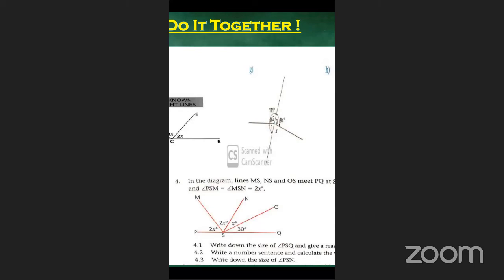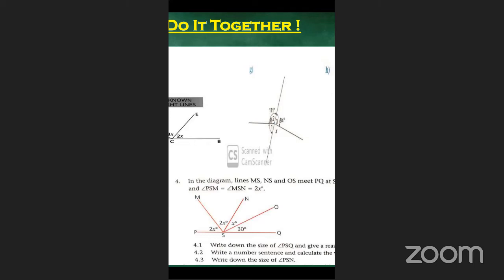But then here, number 4.2, we did calculate the value for x, and it was how much? It was 30 degrees. But we can do another equation for this one. So we'll have our 2x plus 2x plus 30 degrees, because number 4.2, our answer for x was 30 degrees.